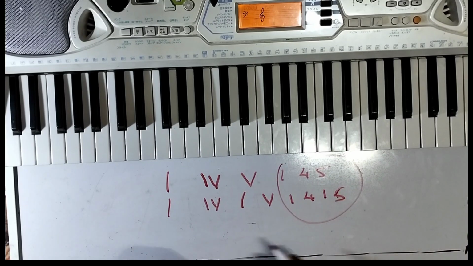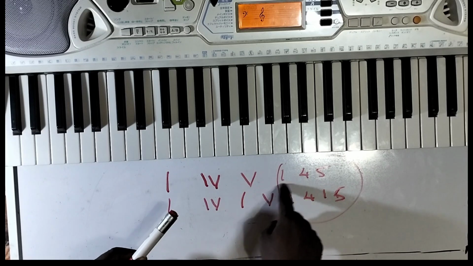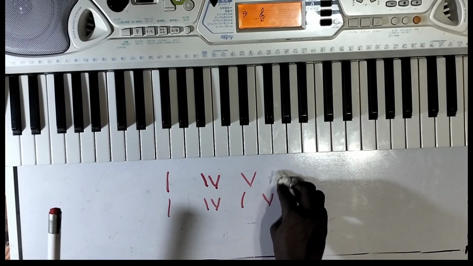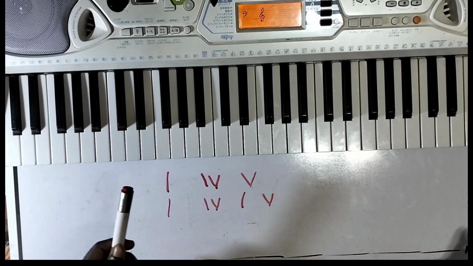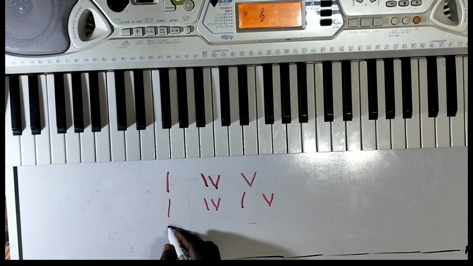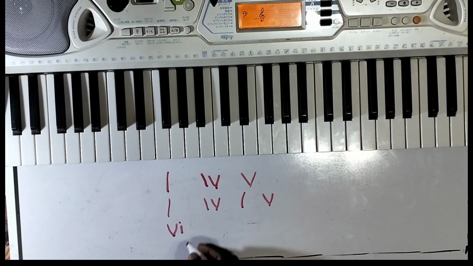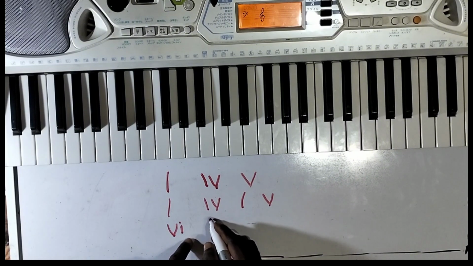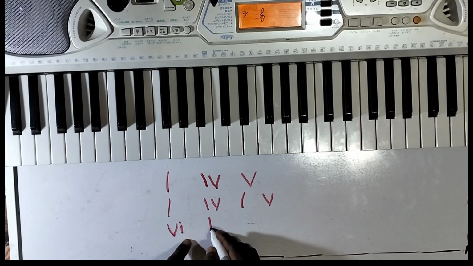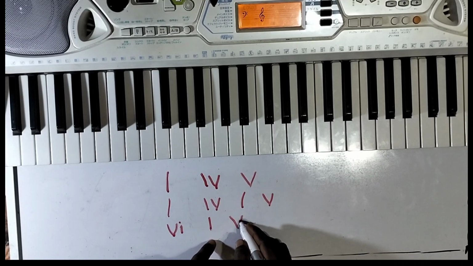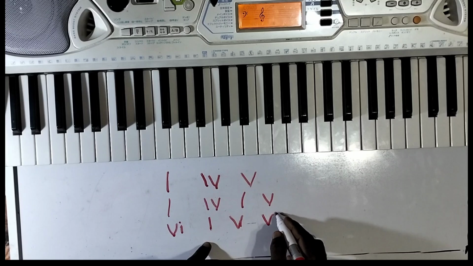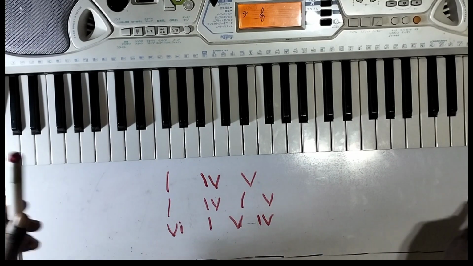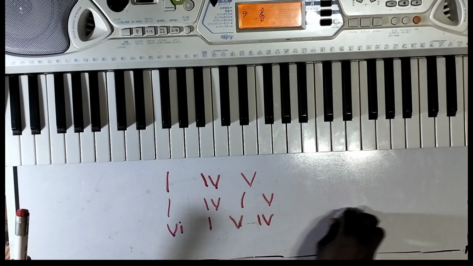So some can go like that. What it means is Do chord, Fa chord and Sol chord. That's what it means. Okay, so it depends on the one that you are using. Some can start with sixth chord, and some go by sixth, they will go by 1, they will go by 5, and they will go by 4. So anywhere the song starts, just know that it is also good.